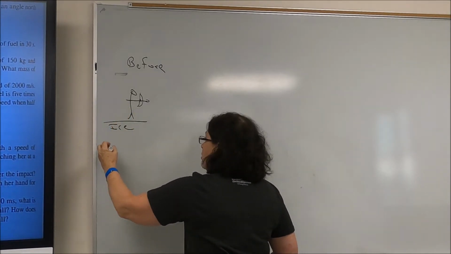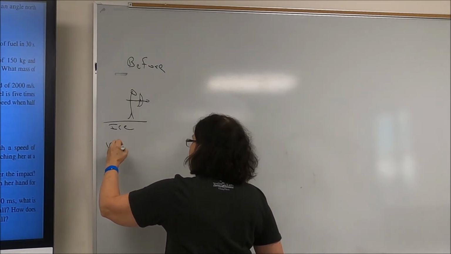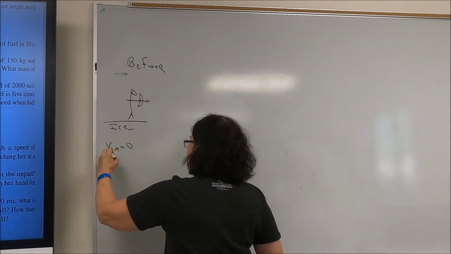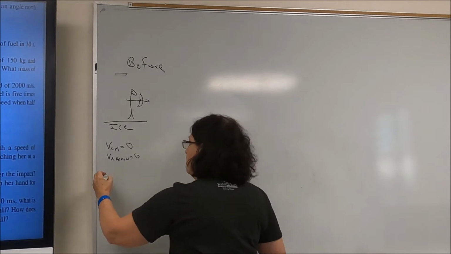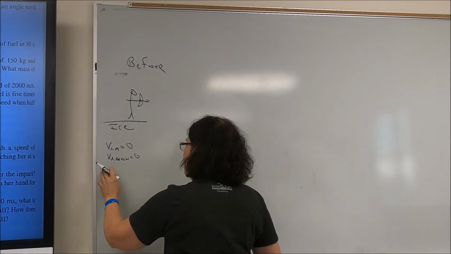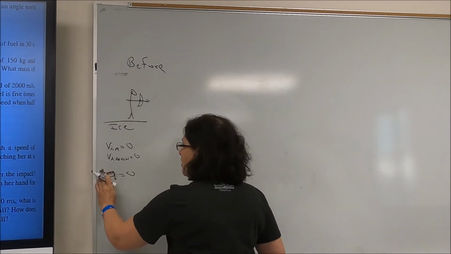So I know the velocity initially of the archer is 0. Velocity initially of the arrow is 0. So the sum of the momentum initially is 0.